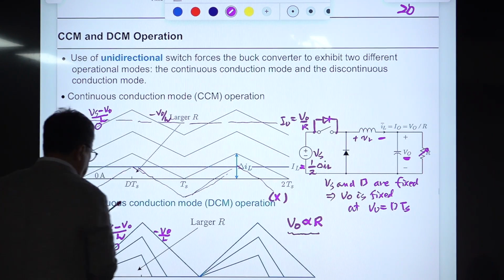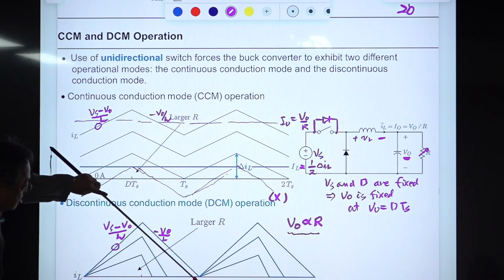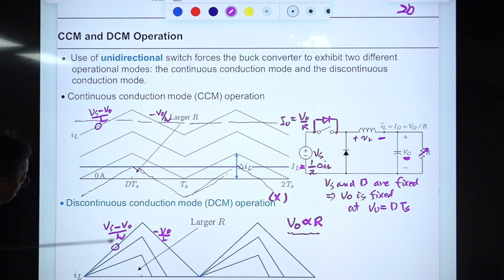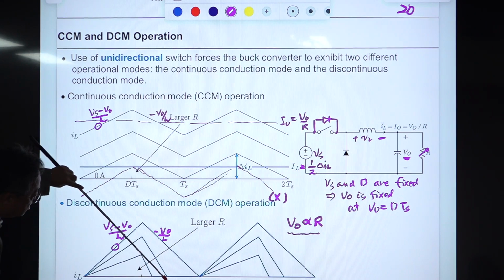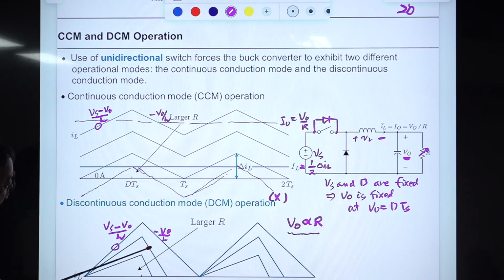Then what will happen if R is decreased below the value that established these waveforms? Then it will do like this. The inductor voltage will stop here. That means the diode is turned off. Once the diode is turned off, it remains turned off.